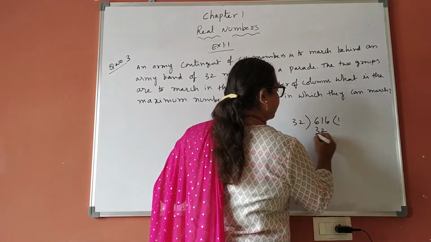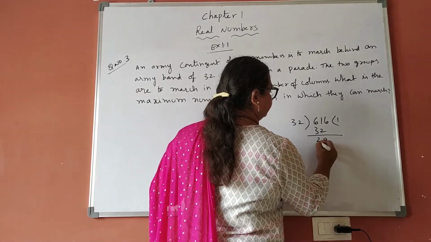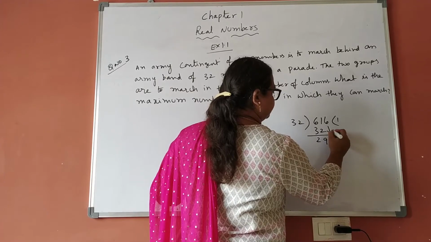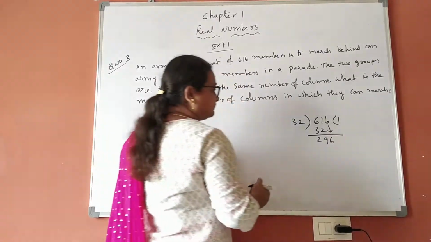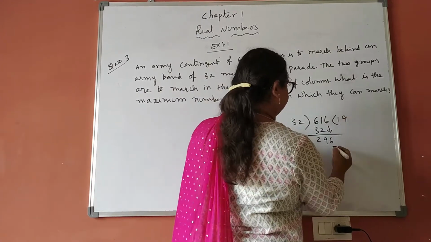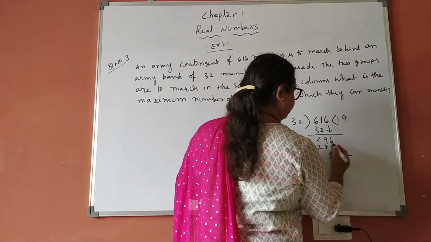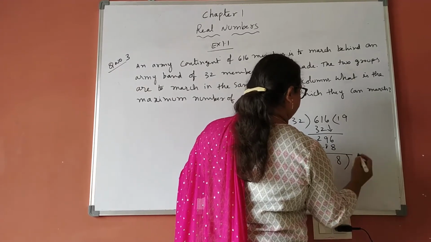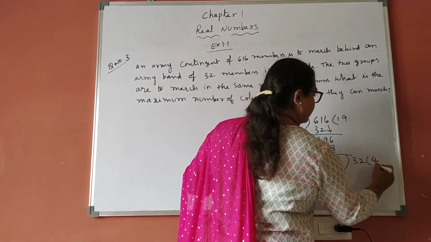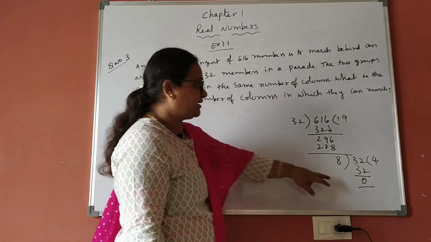One time 32, 296, 32 9 times, 8, 32 4 times, we got 0 remainder.